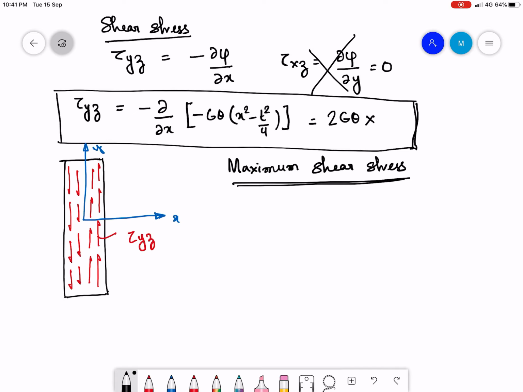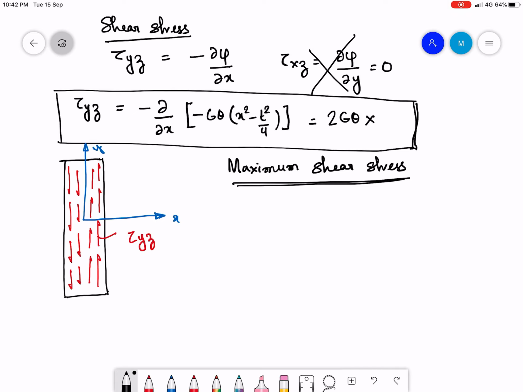Now, let us just try to visualize the deformed shape of the analogous membrane for this rectangular cross section. Then we will be able to realize that the maximum slope of deformation is going to happen at the two edges, that is at x equal to t by 2 and at x equal to minus t by 2.